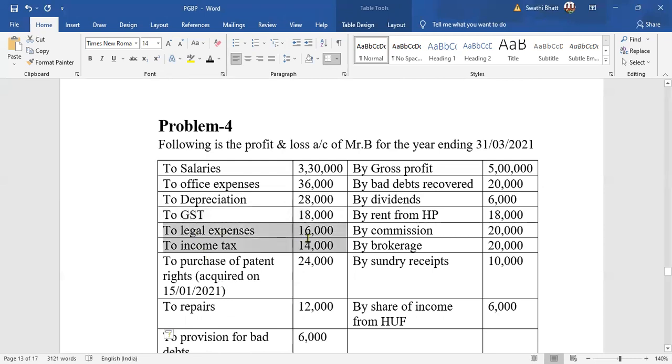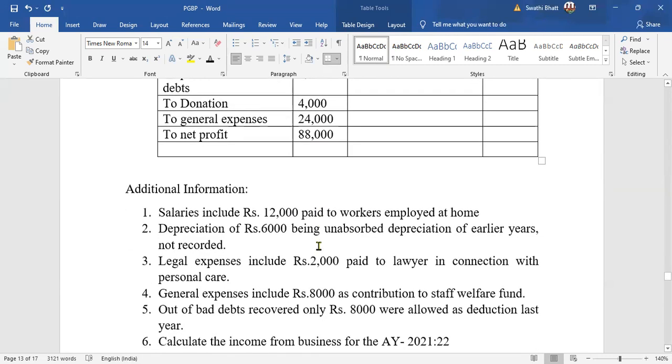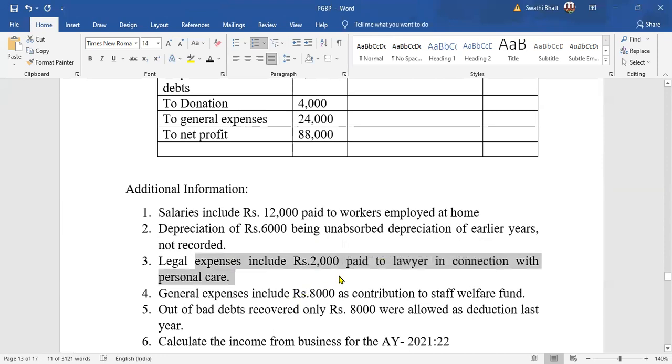Next one is legal expense. In the normal course of business, there would definitely be legal expense, but we will have to look at the additional information. So legal expense includes 2,000 rupees, which you have paid to the lawyer, and that too, it is related to your personal work. So some personal expenses of yours, you have shown in your business expense.